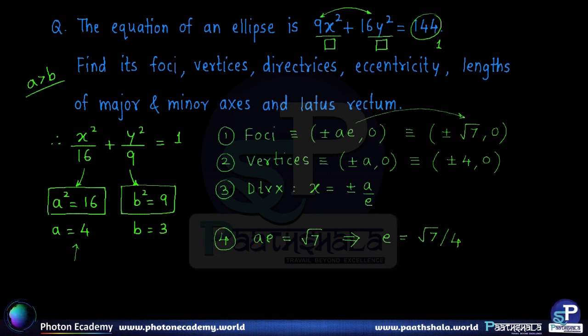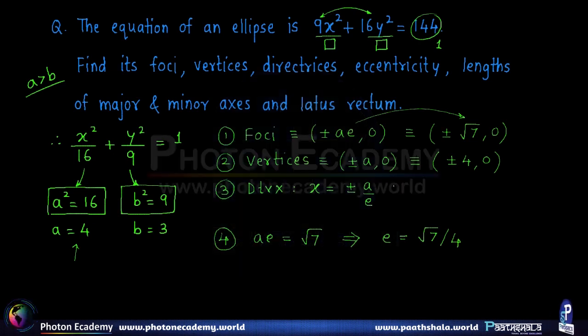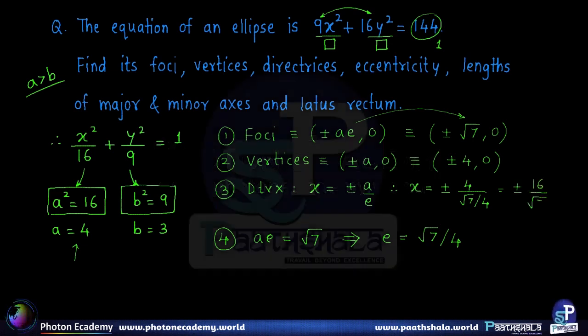So here we get the directrices are x is equal to plus or minus a, which is 4, divided by e, which is root 7 upon 4. So x is plus or minus 16 upon root 7. Those are the equations of the two directrices.